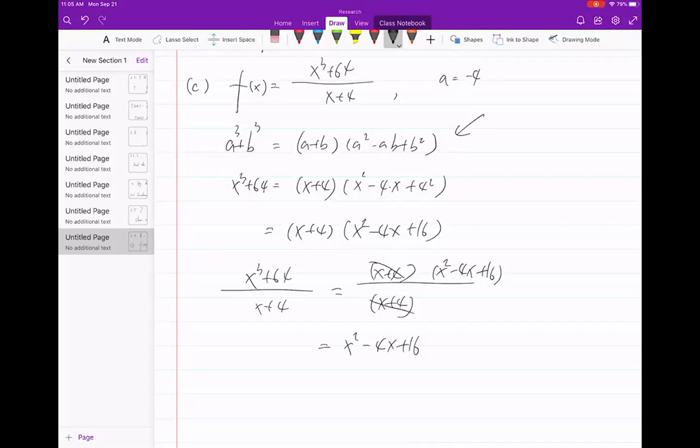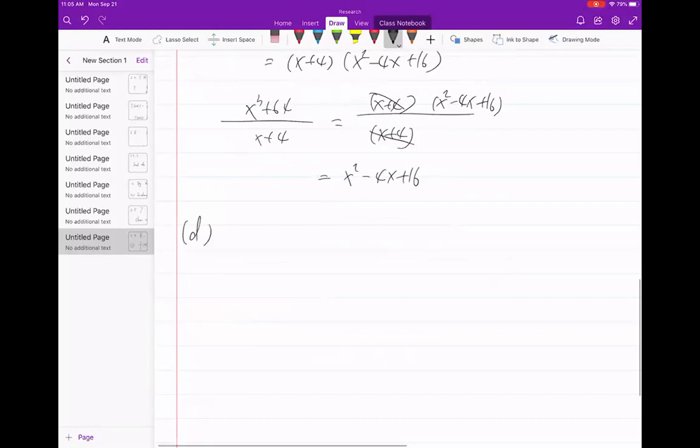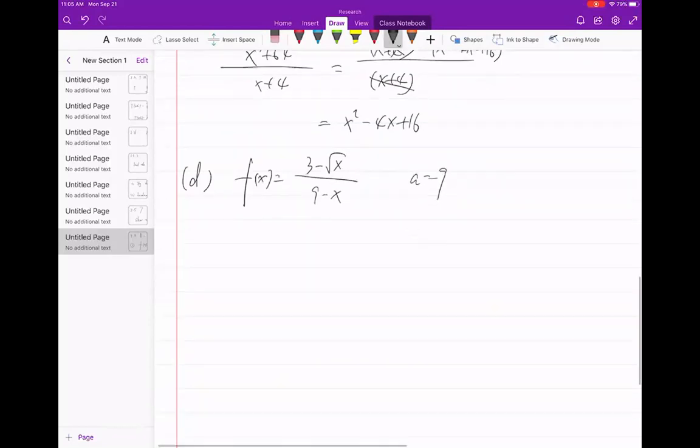Finally, the last one. Then what you need to do is, for this one, clearly it's 0 over 0, so multiply by the conjugate.